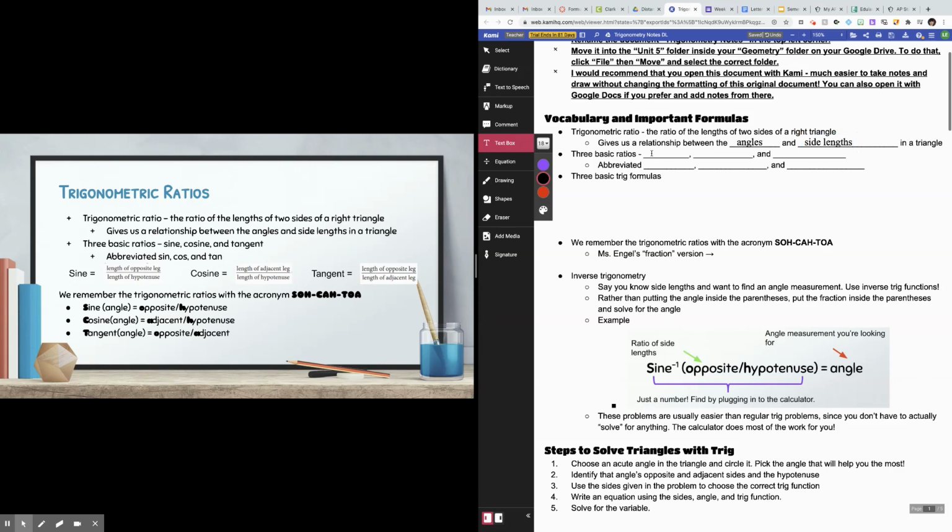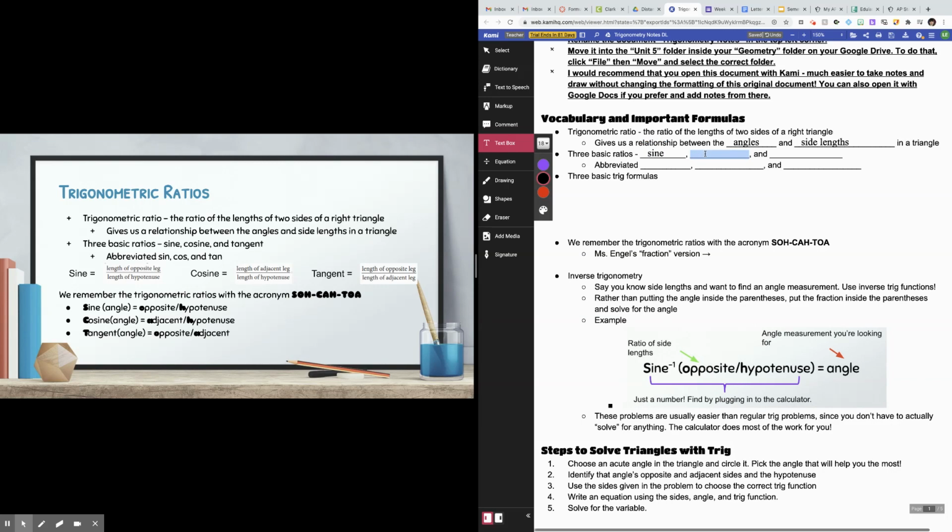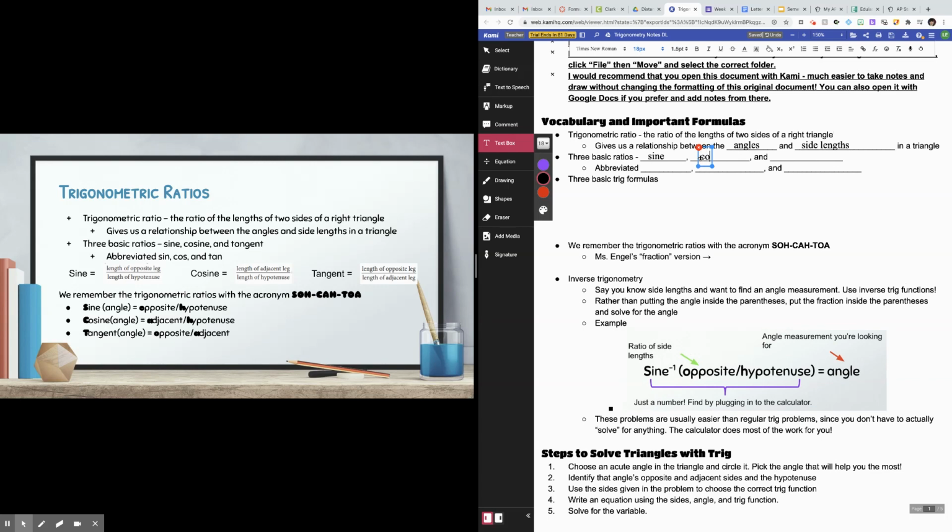There are three basic trig ratios that we're going to look at in this course. There are three others, but we are going to focus on the three main ones, which are sine, cosine, and tangent.